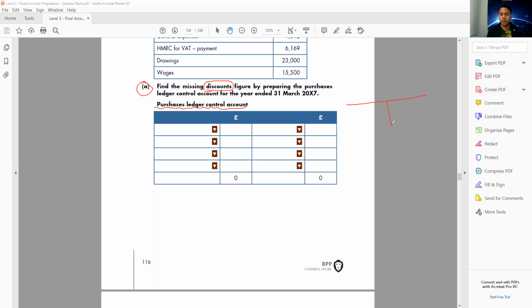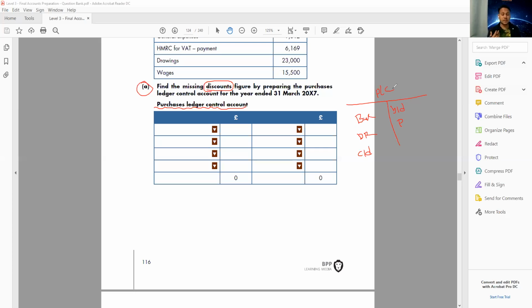So for that reason, the opening balance will be on the credit side. If I buy more, the purchases will be this side. If I paid any money, then bank will be this side. If I received any discount, then discount received will be this side. And the balance c/d will be this side. So this is the template for the purchase ledger control.